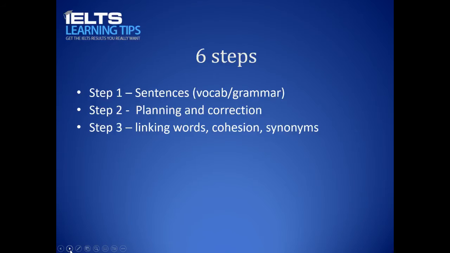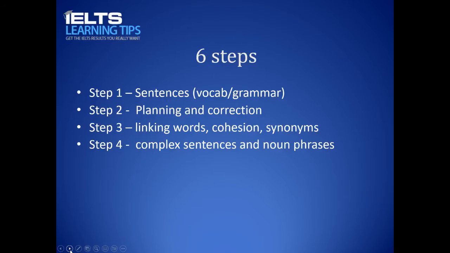Because linking words are about joining ideas and sentences. And cohesion is about sentence to sentence, but it's also paragraph to paragraph and idea to idea. And then you need to start in this stage thinking about your vocabulary, avoiding repetition, adding in new words.